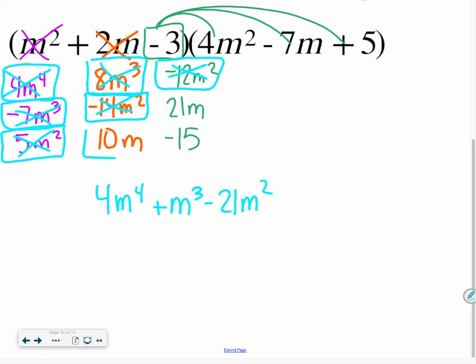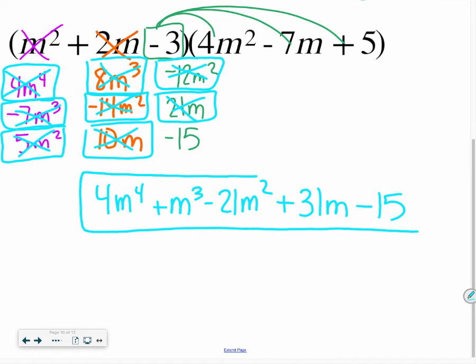And then I have 10m plus 21m, which gives me 31m. I'm done with those. And I have a minus 15. I am officially done with rewriting it in standard form like that. Yes, I expect you to combine all like terms and write it in standard form, okay?